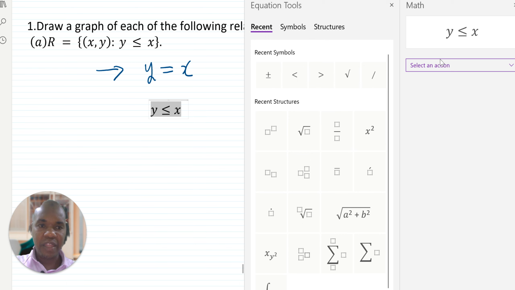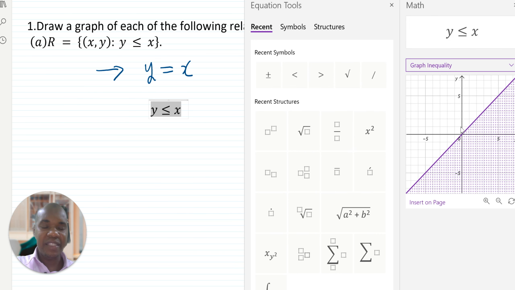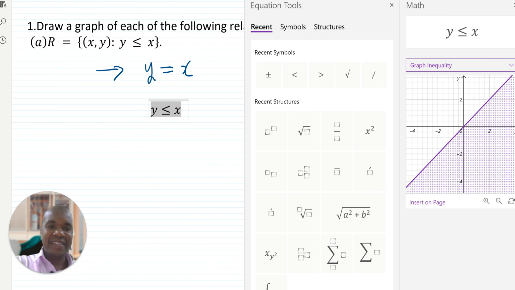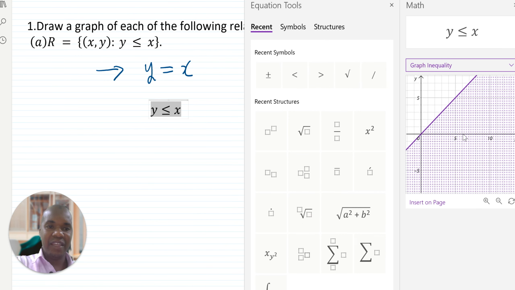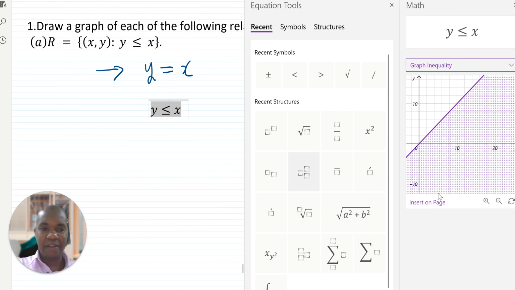I'm going to include it in the math part, and you can see that you are given some options. Graph inequality: this is a graph of the given inequality, dear students. I'll be inserting the graph here.